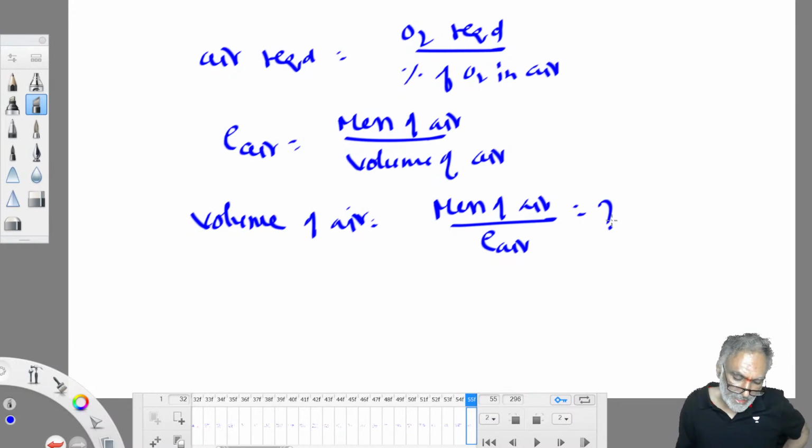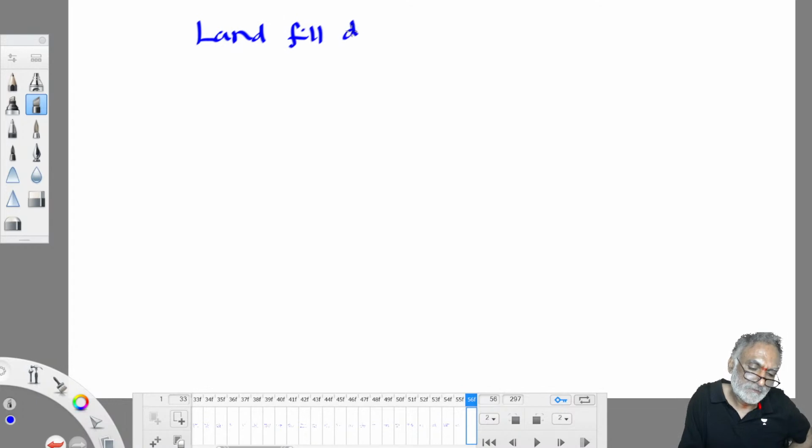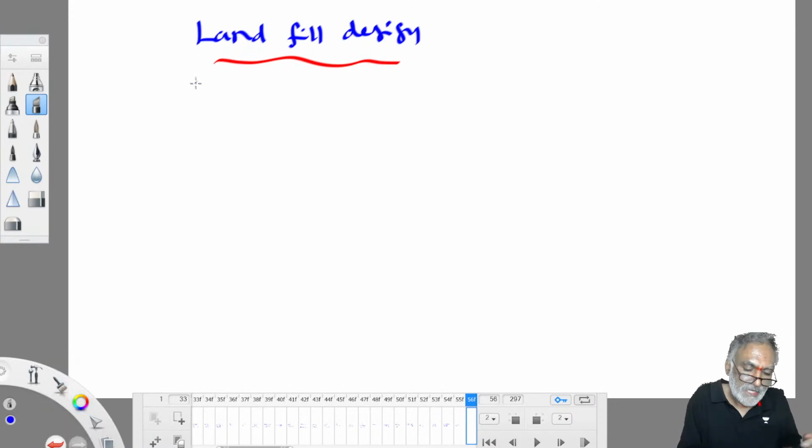Okay. In addition to that, one more topic in solid waste management is landfills. So area of landfill, volume of landfill. So landfill design they are asking. Landfill design is nothing but finding area of landfill.